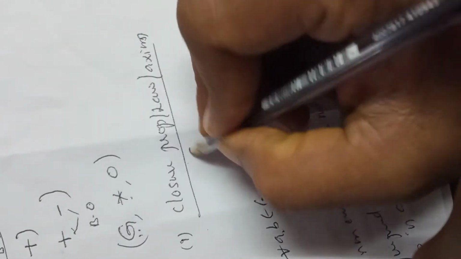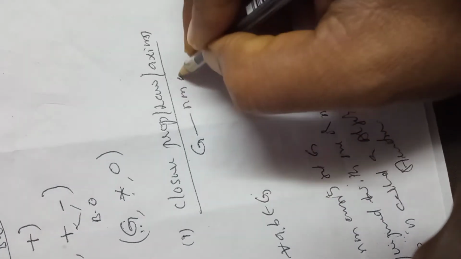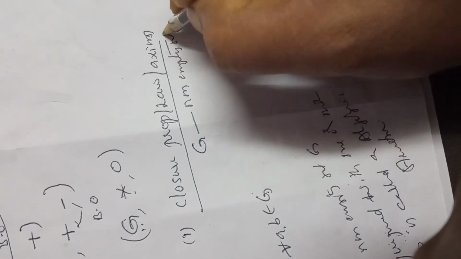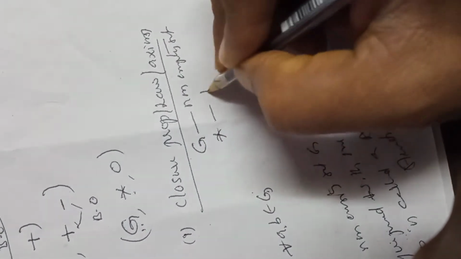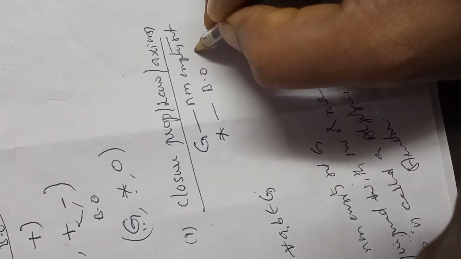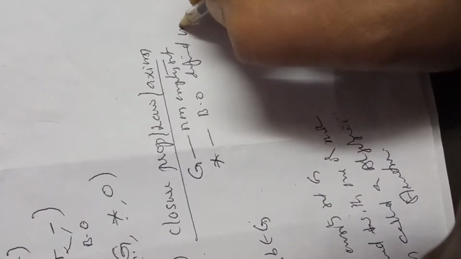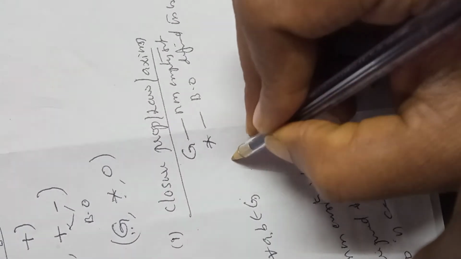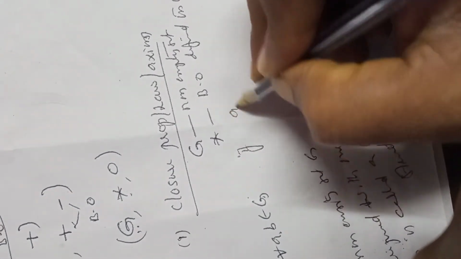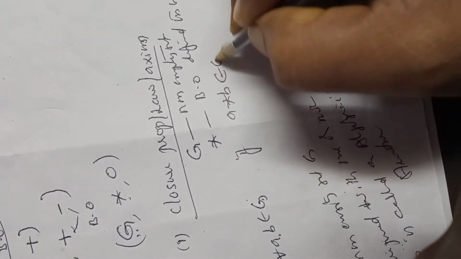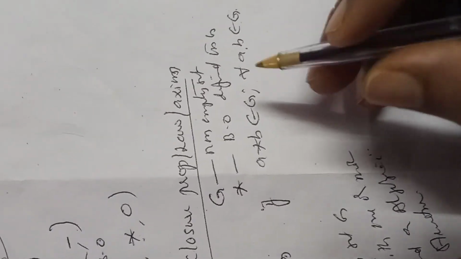Here G is a non-empty set and star is a binary operation defined in G. Now, if A star B belongs to G for all A, B belongs to G, then closure property is said to be satisfied in G with respect to star.